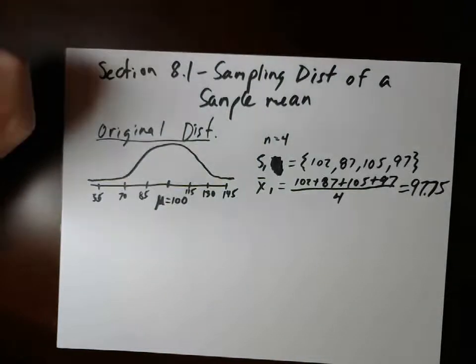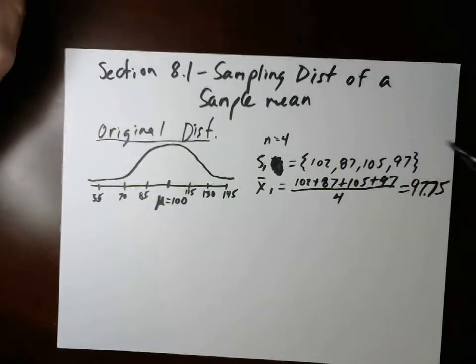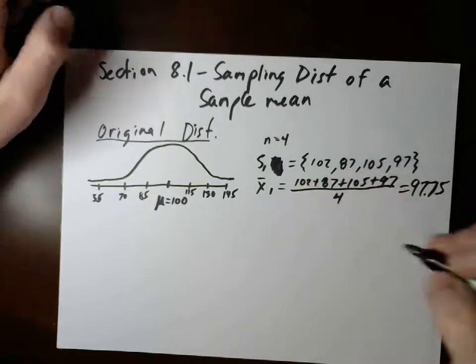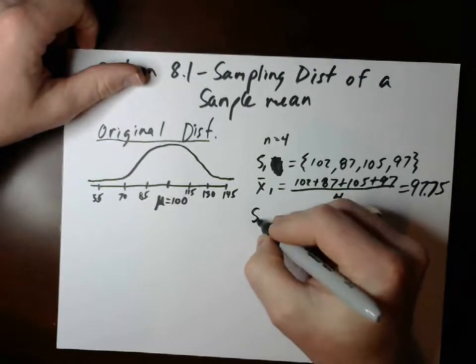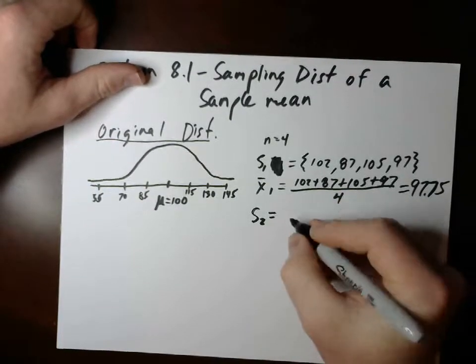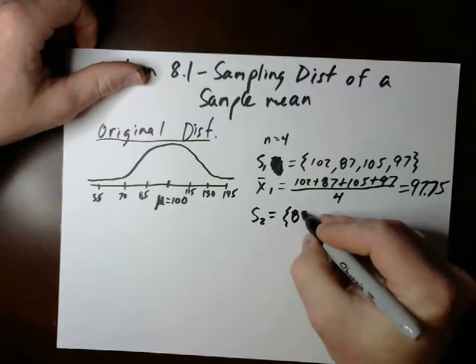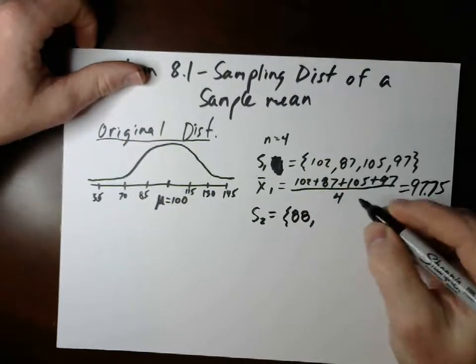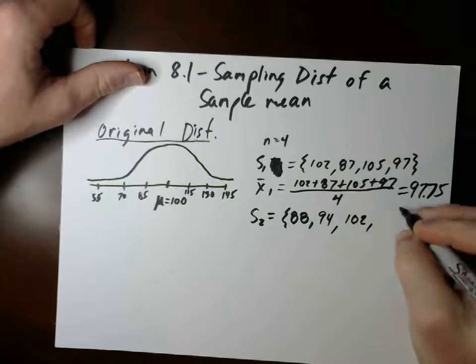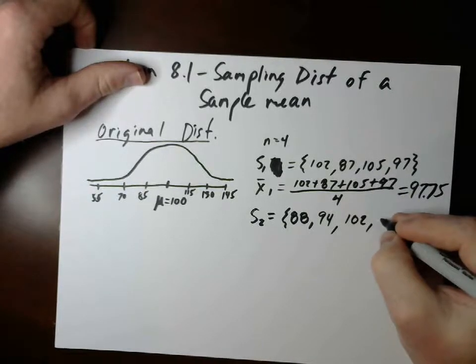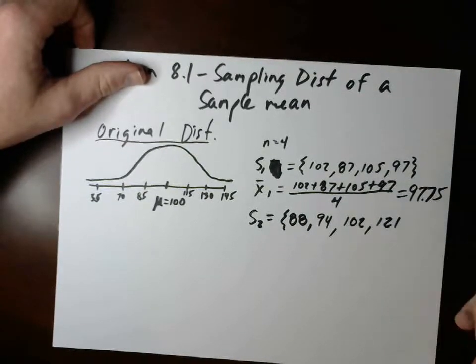Now let's imagine that we gathered another sampling of size 4. We'll call this S2: 88, 94, 102, and 121.